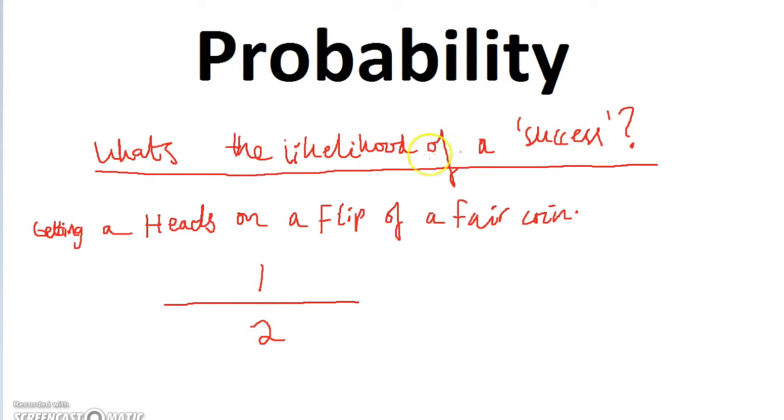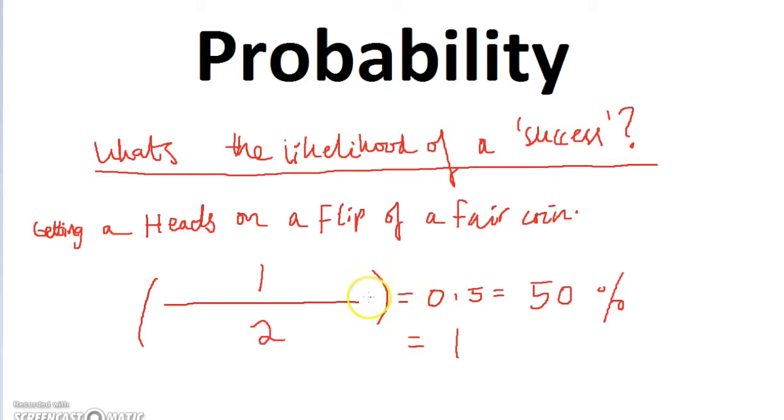So we say the probability, the likelihood of this success, if my success is getting a heads on one flip of a fair coin, is 1/2 or 0.5, or you can even say 50%.